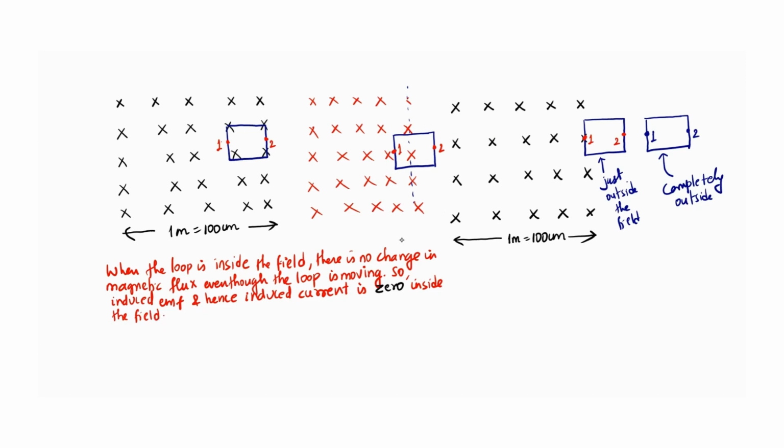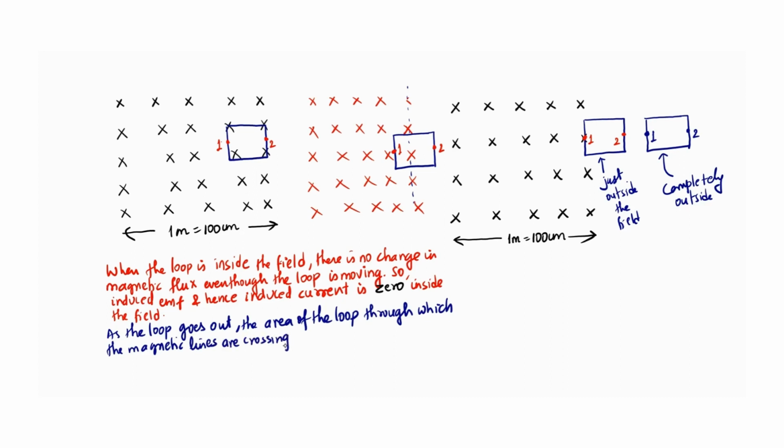Now, as the loop goes out of the field gradually, because we are pulling it towards the right side, what we find is that the area of the loop through which the magnetic lines are crossing decreases.